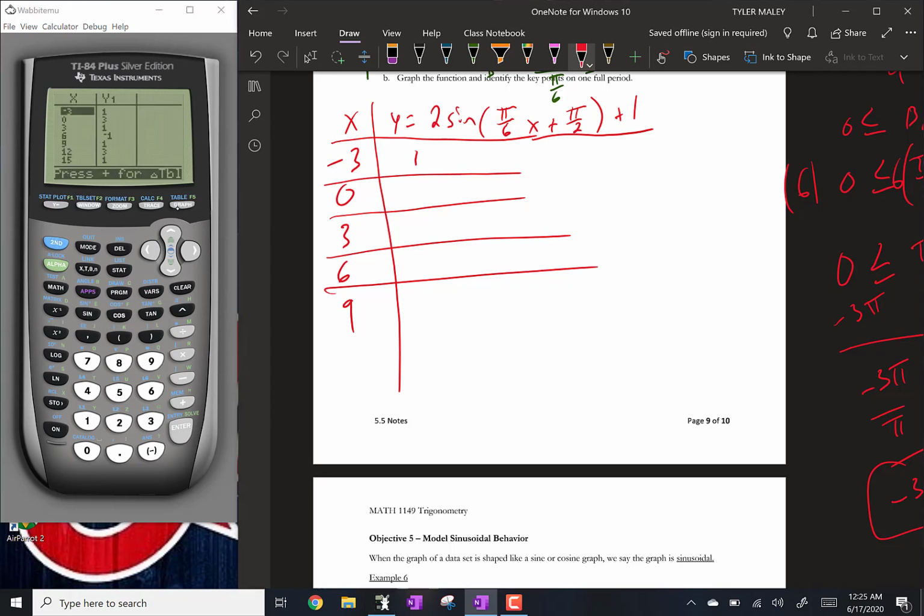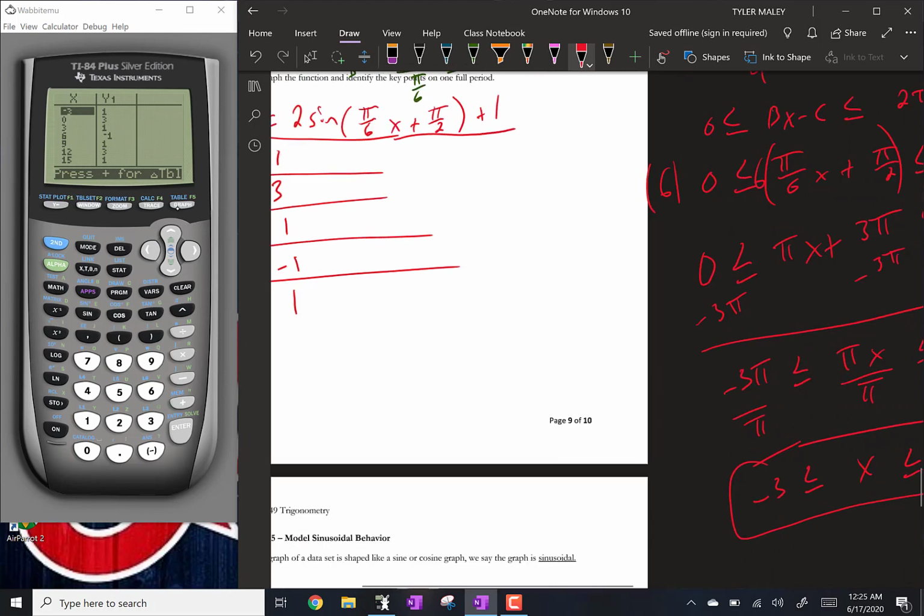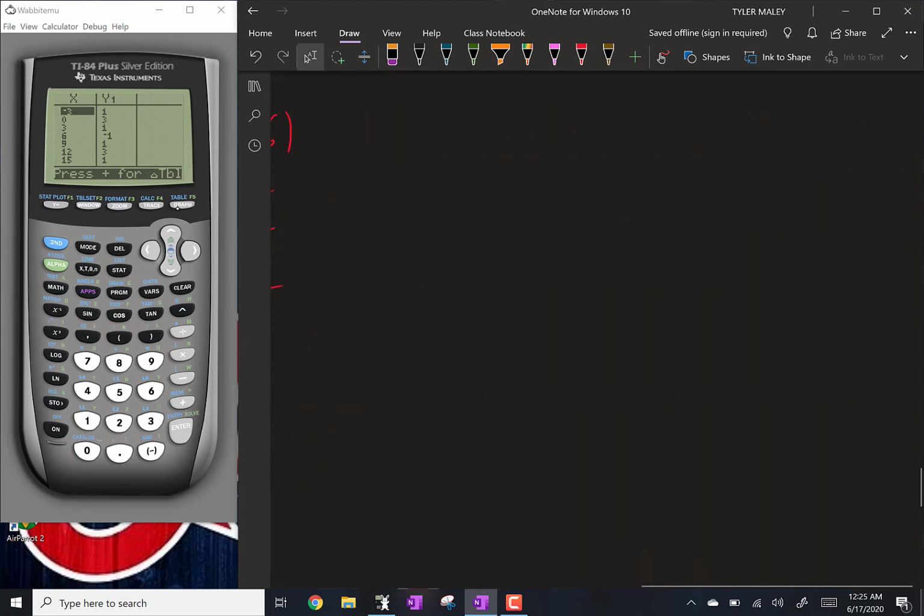So we get 1, 3, 1, negative 1, 1. So now I just need to graph this.